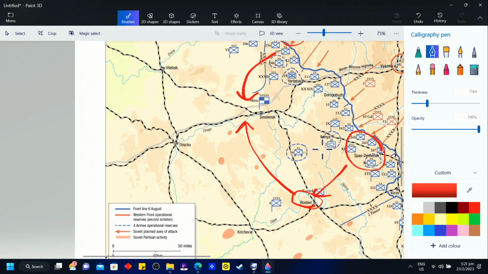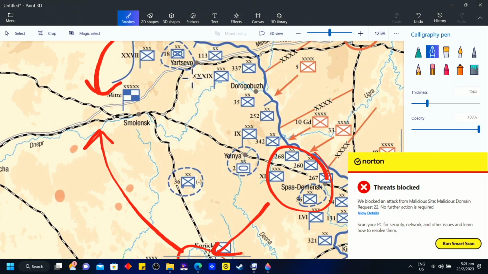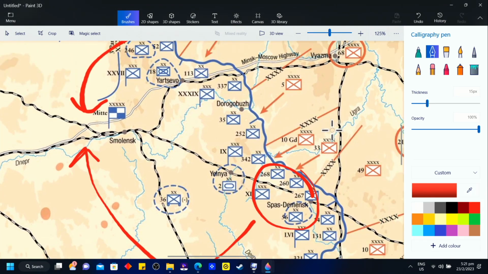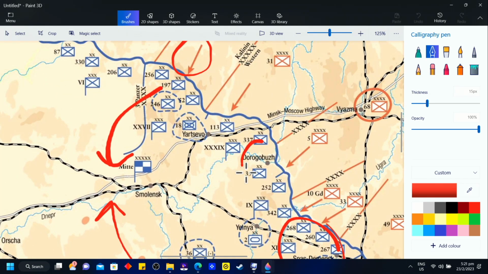So actually, as stated previously, the 4th Army was able to get a good intelligence report of the Soviet offensive effort. So they predicted correctly that the enemy was likely to attack in the Spas-Demensk sector, as well as here.